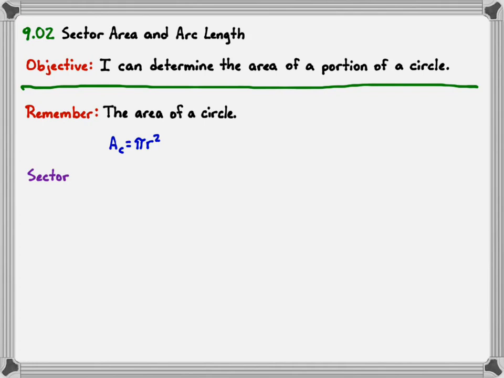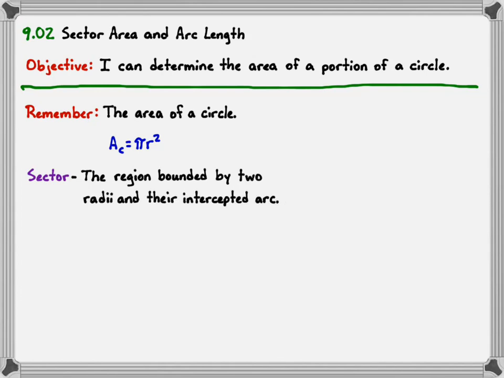A sector is like a slice of pizza. The technical definition is the region bounded by two radii and their intercepted arc. So there's my big slice of pizza. And what are we saying here? We're saying that the purple region is a sector.